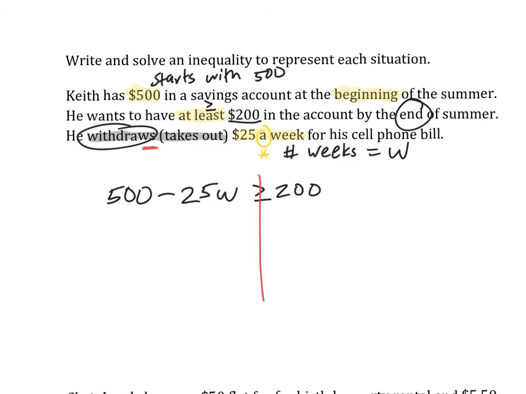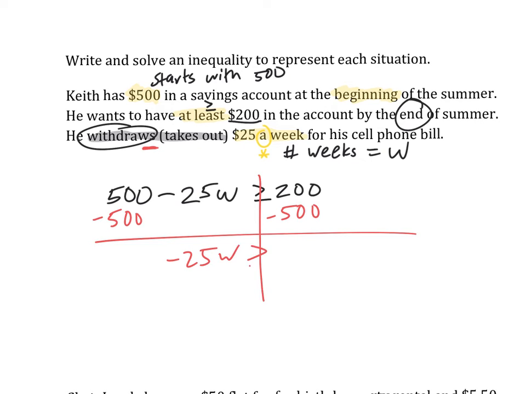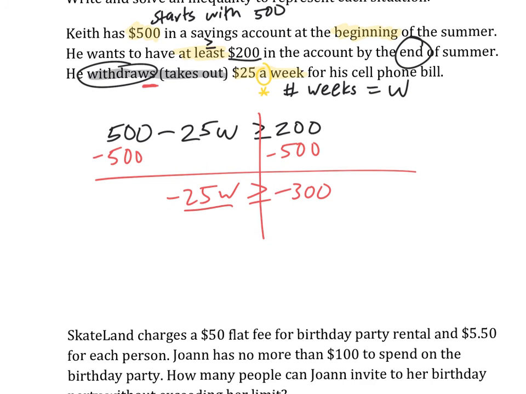We'll start by subtracting 500 on both sides, and we get negative 25W is greater than or equal to negative 300. Then we want to divide by negative 25. We are left with W, and because we divided by a negative, we switch the sign. It's less than or equal to 12, and this is 12 weeks.